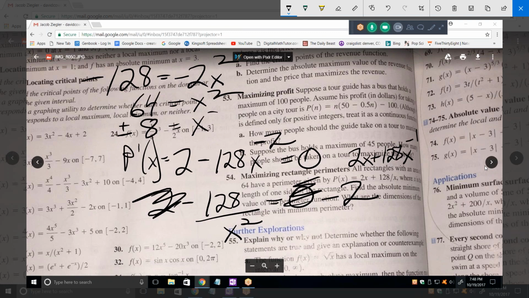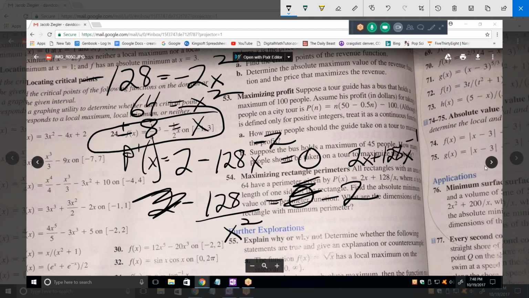And it's important because there are 2 points. We need to figure out which one is a maximum and which one's a minimum, or do we? Yeah, they're looking to minimize the perimeter. So we know that minimum comes at one of those values, either minus 8 or plus 8.